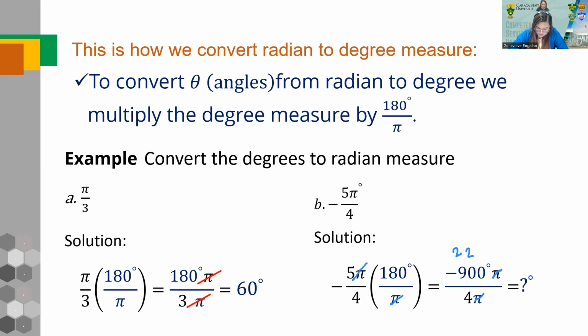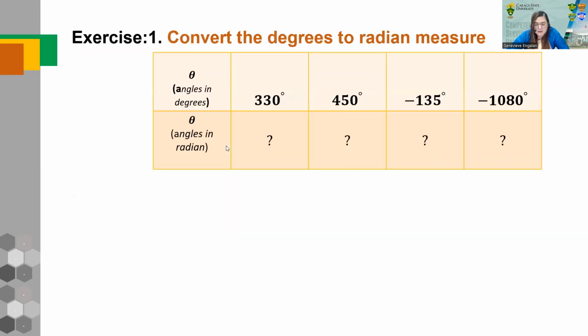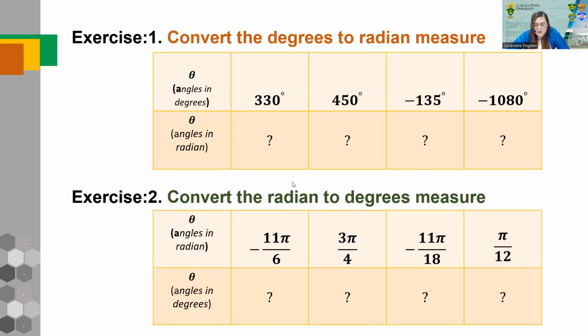So it becomes negative 225 degrees, because it is negative. So negative 5 pi over 4 is equal to negative 225 degrees. Screenshot this and solve it on your own for practice.